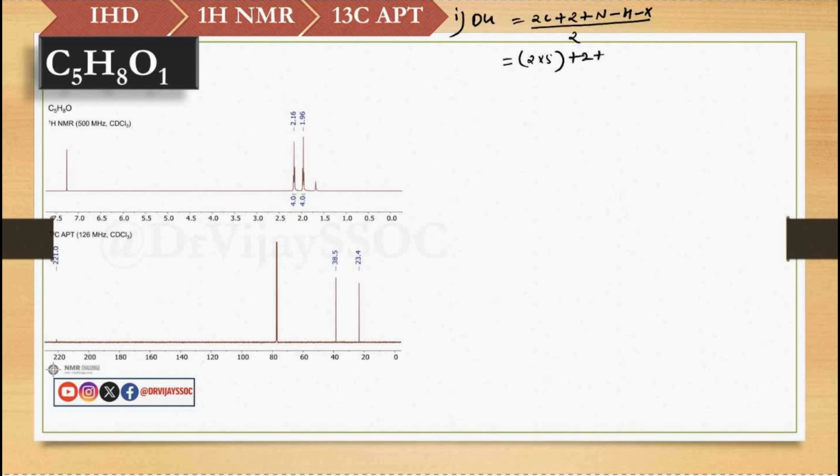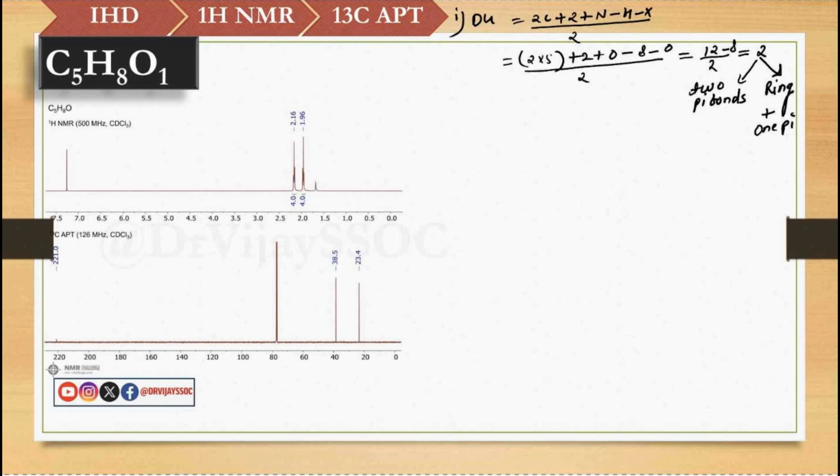So (10 plus 2, no nitrogen, minus 8 hydrogens, minus 0) divided by 2 is equal to 2. So there are two unsaturations, so it could be 2 pi bonds, or it could be one ring plus one pi bond.